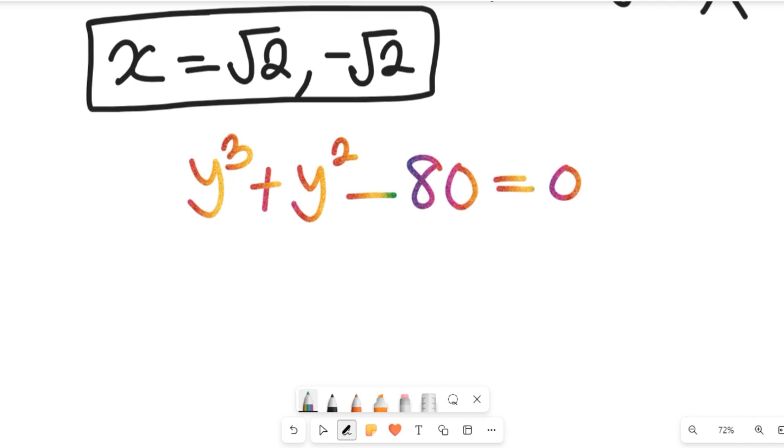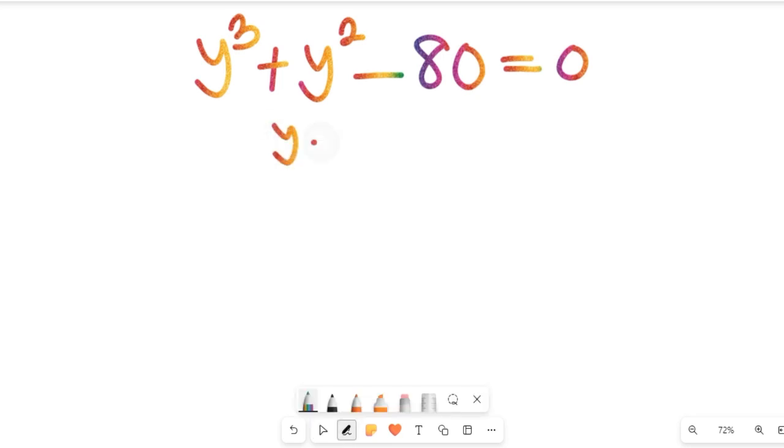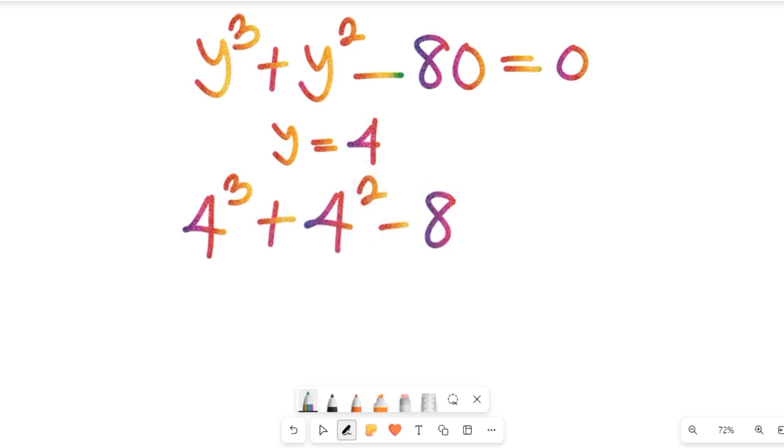So using the normal polynomial method, if you are given this question, what you need to do is to find a value of y such that once you insert it into this equation, the equation equates to 0. Now let's assume that our value for y is equal to 4. So we will have 4 to the power of 3 plus 4 to the power of 2 minus 80.